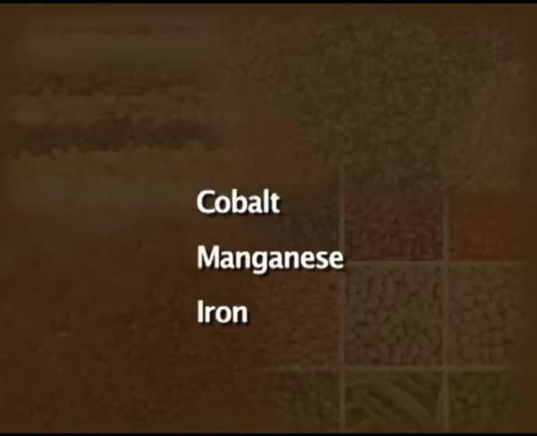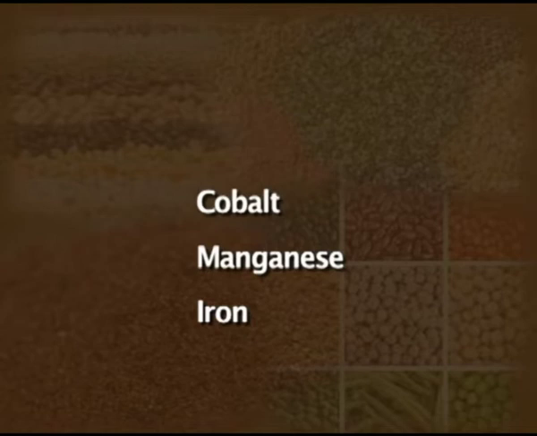Now, the other minerals, cereals contain very small quantities of cobalt, manganese and iron, and wheat increases in its iron content when iron rollers are used in the mills for processing wheat.